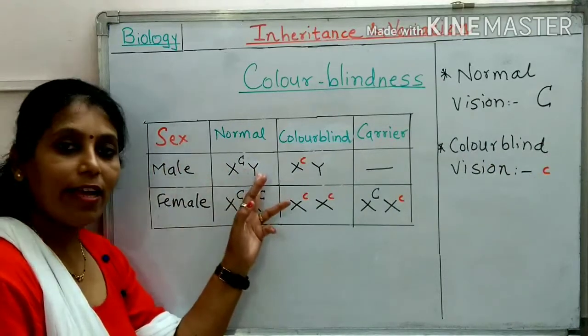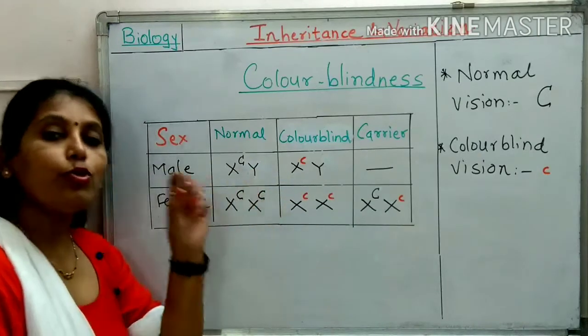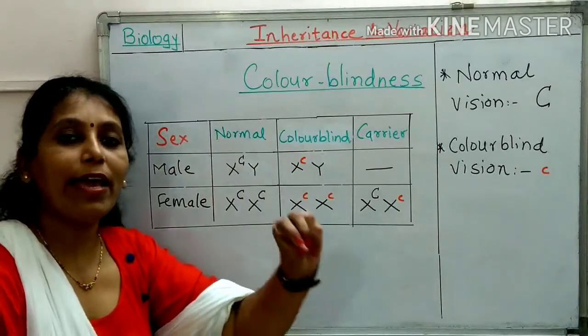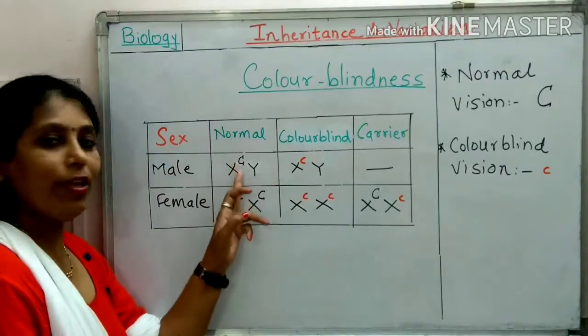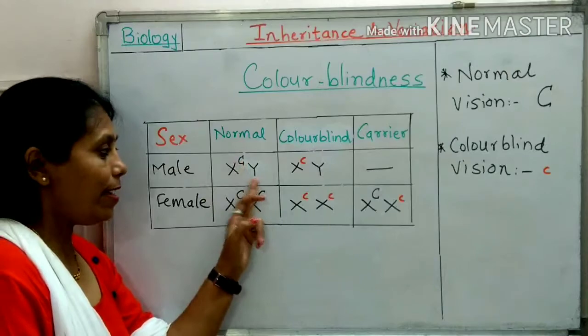There is no allele, alternate form, present on the Y chromosome. So you have to write it only on the X chromosome. As it is normal, you will show it with capital C at the top of X, and Y.